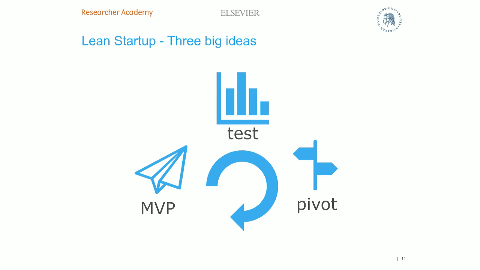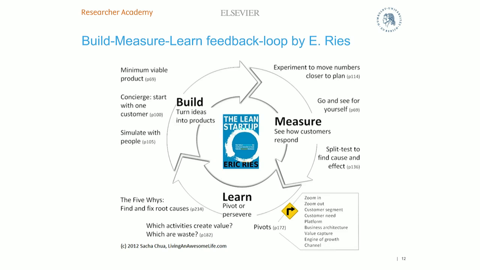These are the three most important ideas of the Lean Startup approach. If you are going to use these, there's a more detailed description of this cycle. This is the so-called Build, Measure, Learn feedback loop by Eric Ries.